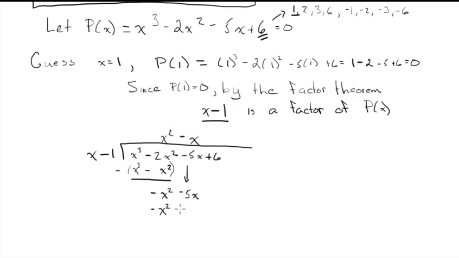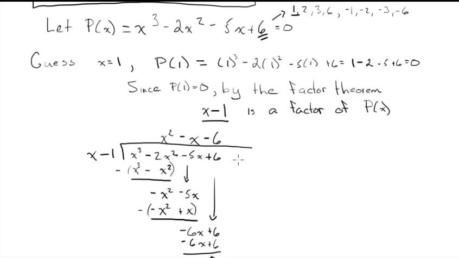So minus x squared plus x. Subtract. These go away. We have minus 6x. Bring down the 6 plus 6. What times x gives us minus 6x? It'll be minus 6. So minus 6x plus 6 equals 0.